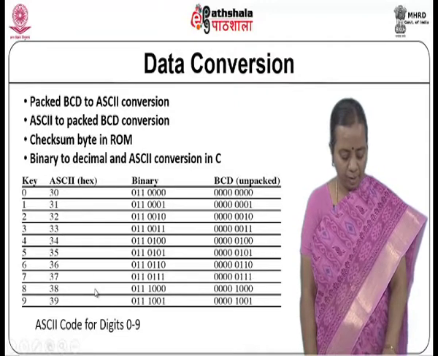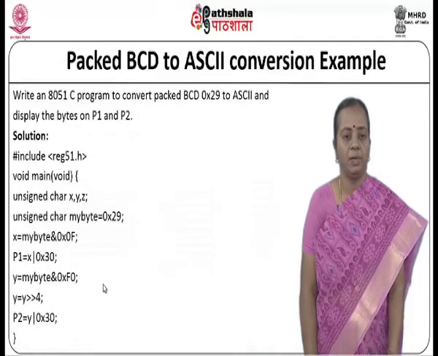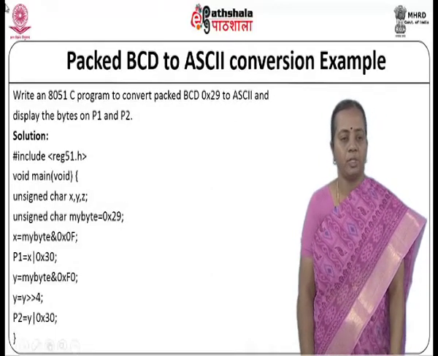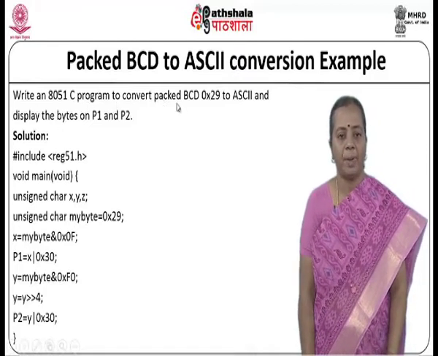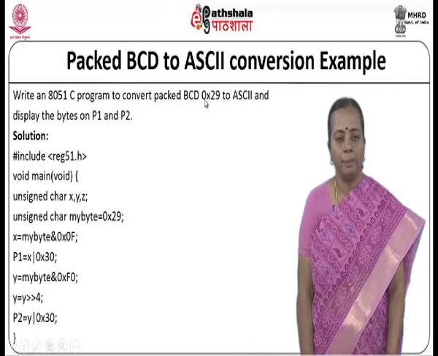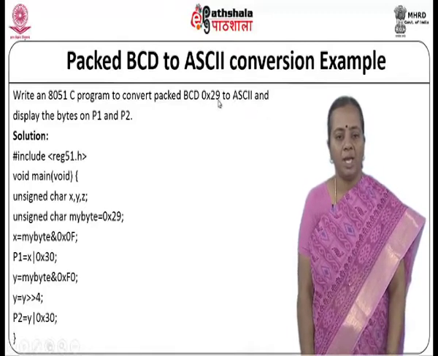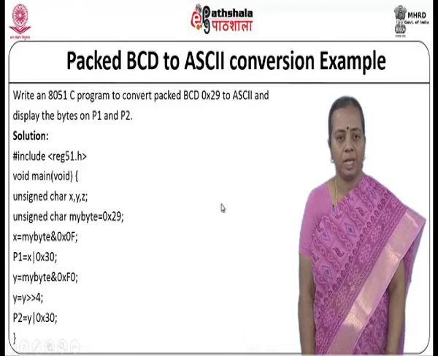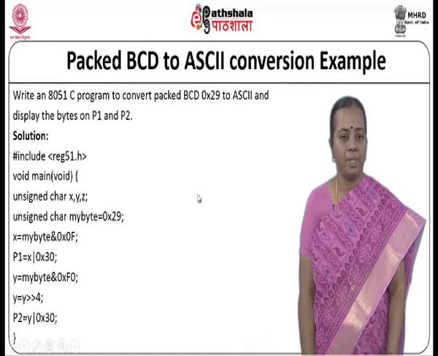So, if you know that this has to be converted, then we will be looking at this kind of program. You just see that this is an embedded C program where it converts a packed BCD number 29 to ASCII. So, 9 has to be separately written as BCD code, and 2 is also written as separate BCD code.